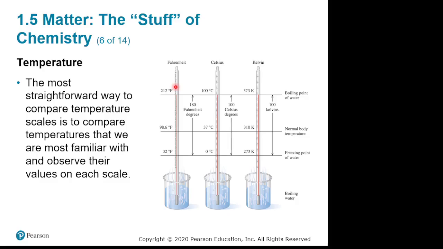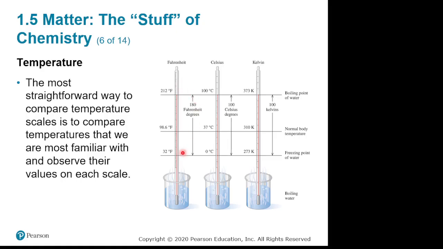And then over here we have the boiling point of water. It's 100 degrees Celsius. That's the easiest one to remember. So 0 to 100 on Celsius, just the freezing point and boiling point of water. Really nicely standardized. Kelvin is 373 Kelvin. And then Fahrenheit is 212 degrees Fahrenheit.